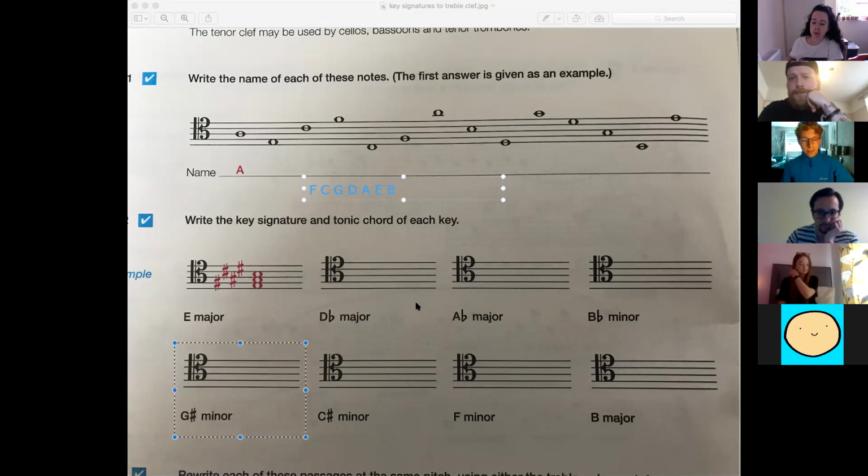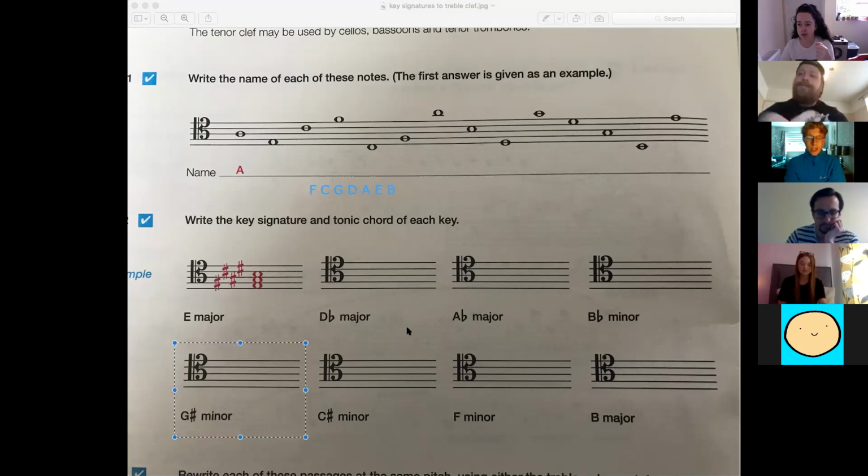We want to figure out what the relative major is. So we'd have C sharp. Go on, you figure it out. What would be the next one after C sharp? D. Then we'd have D sharp, because we're in sharp.